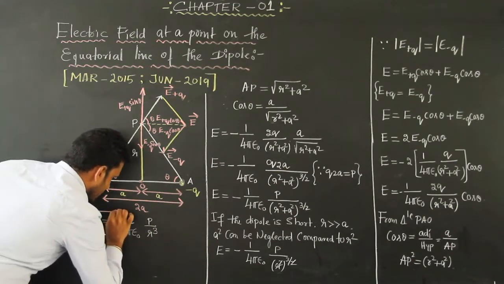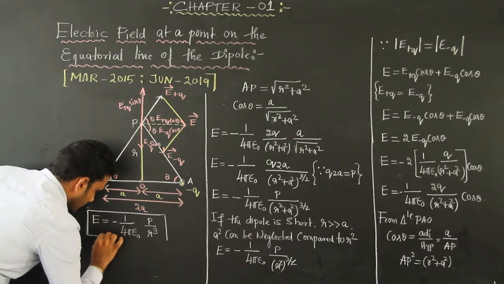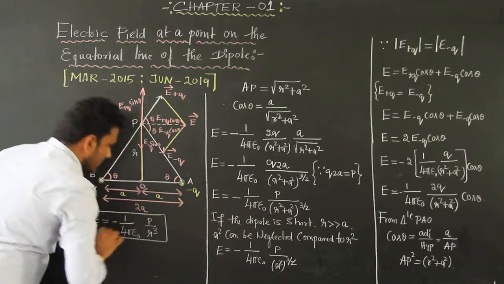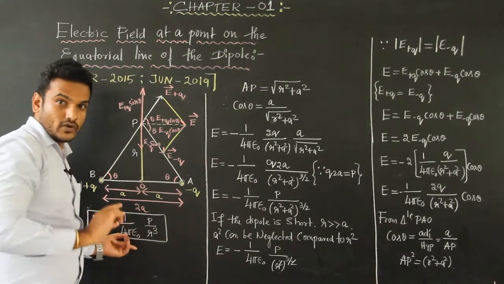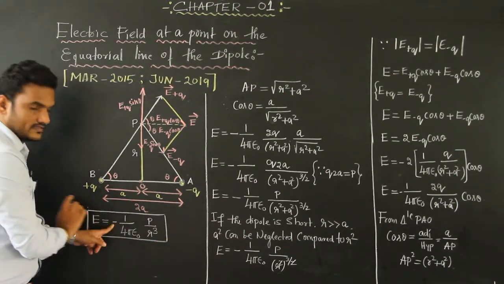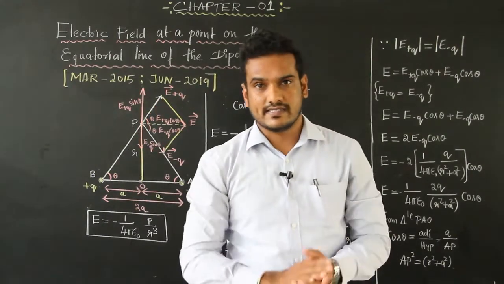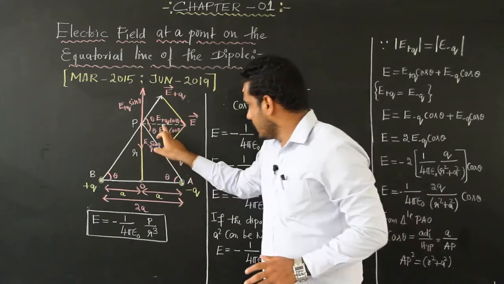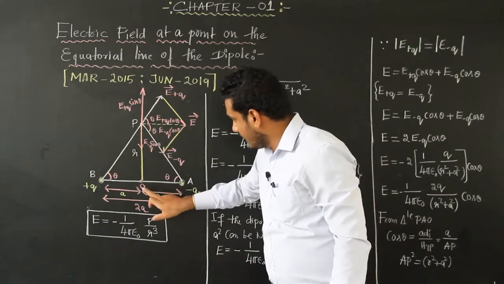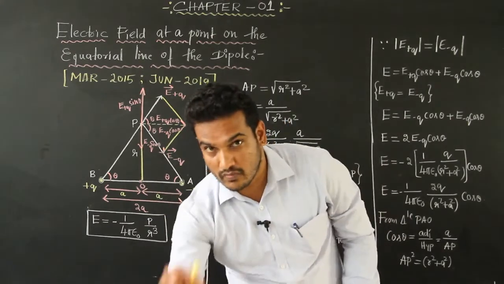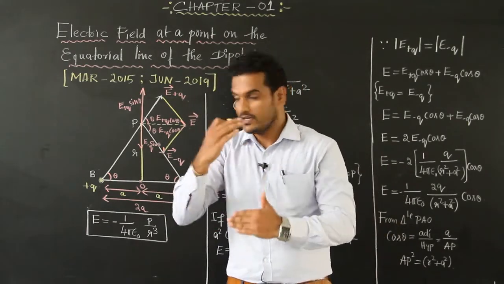So this is the magnitude of electric field at a point on the equatorial line of the dipole. Here one thing you can notice, we have a minus sign. The minus sign clearly indicates the relation between the direction of electric field and the direction of electric dipole moment. We learned the direction of electric dipole moment is always from negative charge to the positive charge.